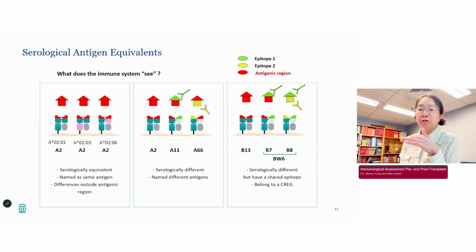Okay, when you drive through, you can recognize these three houses as being different, but you also realize that these two houses over here have a green roof, meaning that if they have an epitope that's shared or common amongst them, then an antibody that reacts against that epitope is actually going to react against multiple different antigens. Okay, so it's not simply that each serological antigen equivalent has just one epitope and that epitope is unique. No, one can have shared epitopes and cross-reactivity.